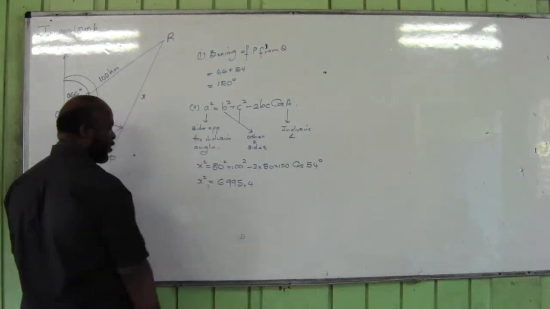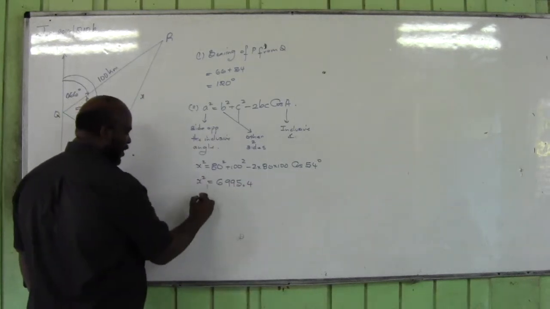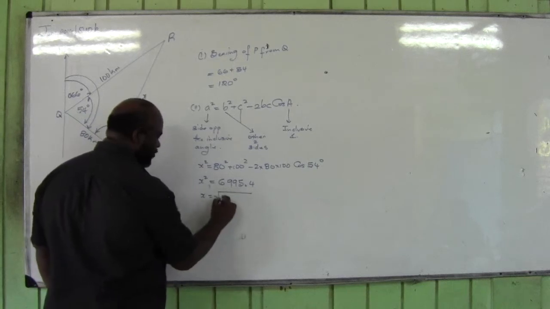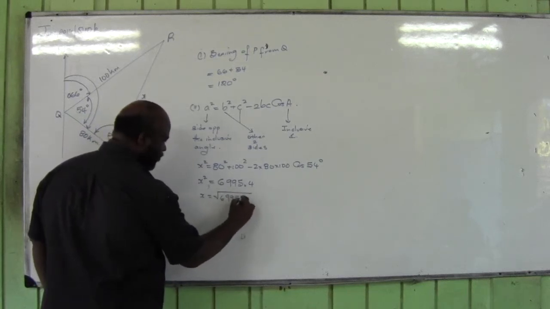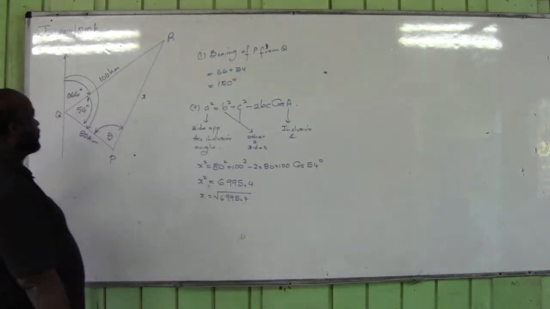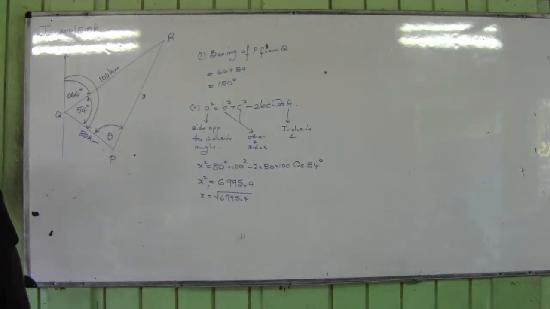What is the opposite of square? X is the square root of this. Tell me what you get. 83.63. How much? 83.6.